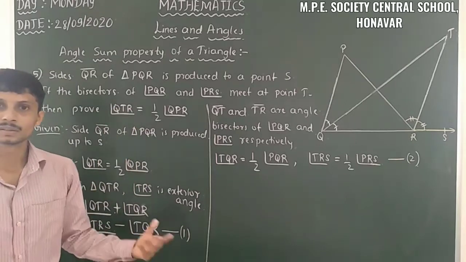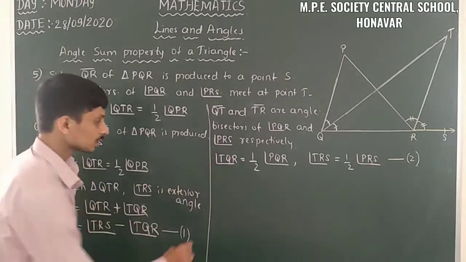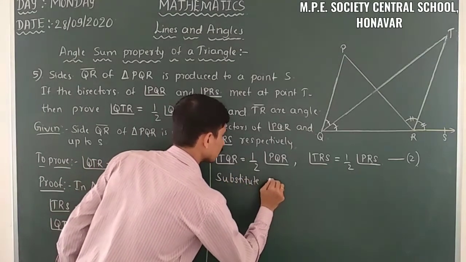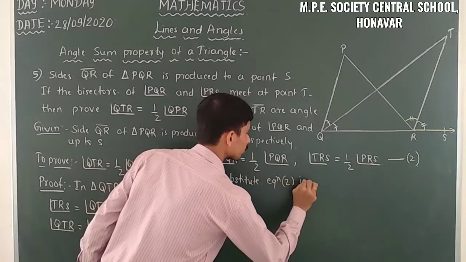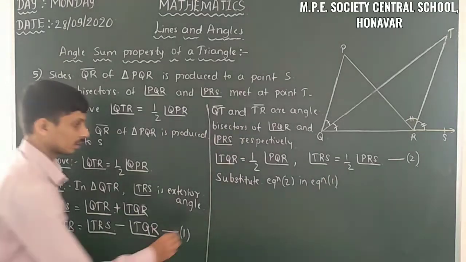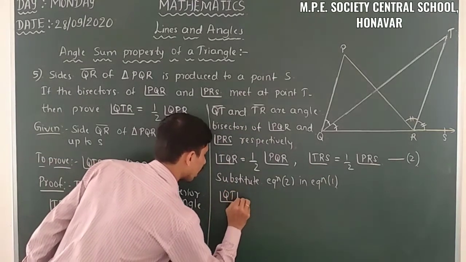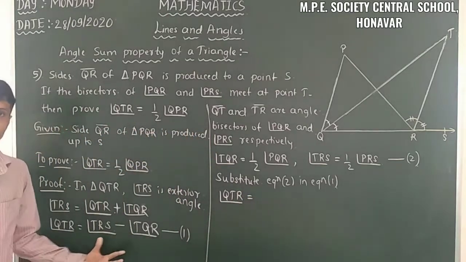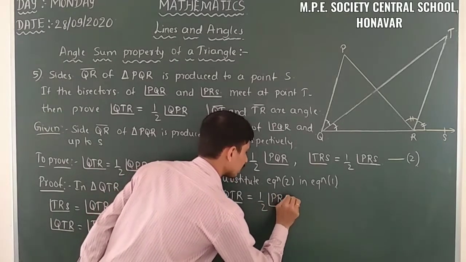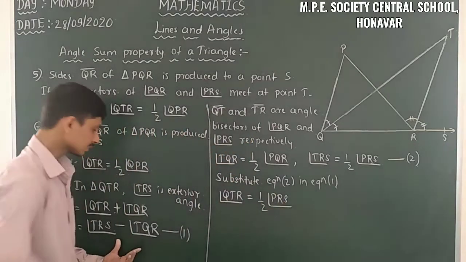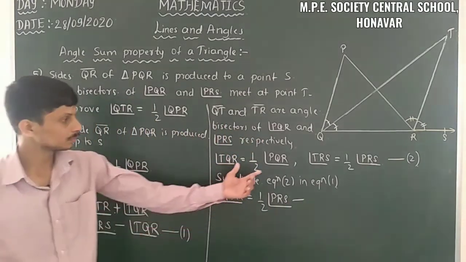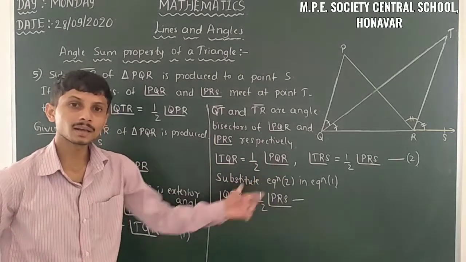So angle QTR is equal to, in place of angle TRS, half of angle PRS, minus angle TQR, which we substitute as half of angle PQR.